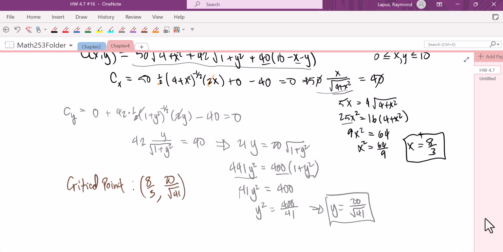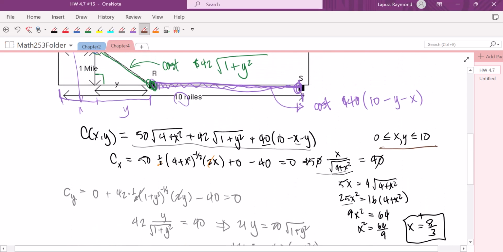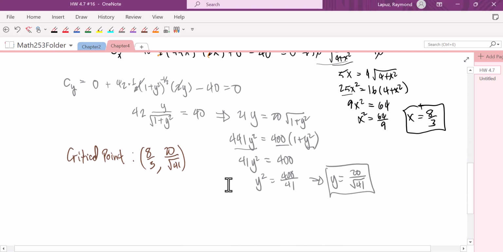Now, this is probably the minimum value already, and I would just guess that this would be the minimum value. Because if we use the endpoints here, we can see that if we use any of these endpoints, either x is 0 or y is 0 or x is 10, y is 10, you're just going to get zeros for the cost because things will disappear. So I don't think we need to worry about that.